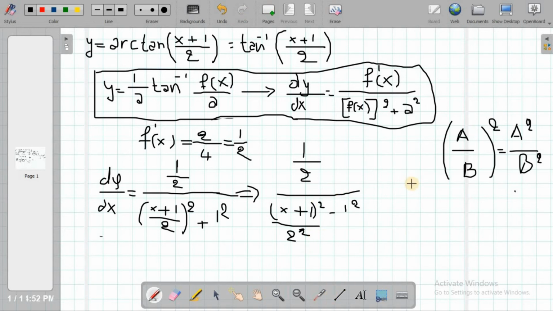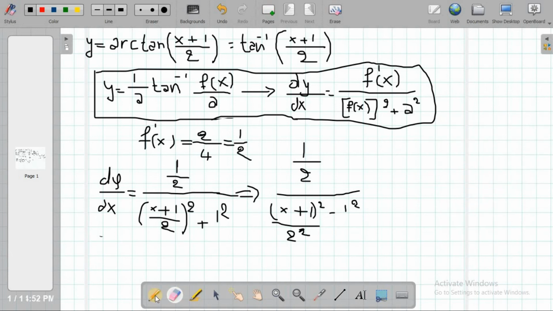So now we can see we can transform. We're not done yet. We can transform this one again by saying it's equal to 1 over 2, x plus 1.